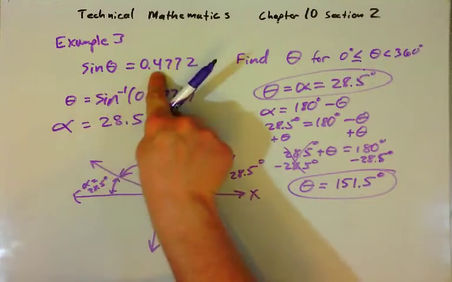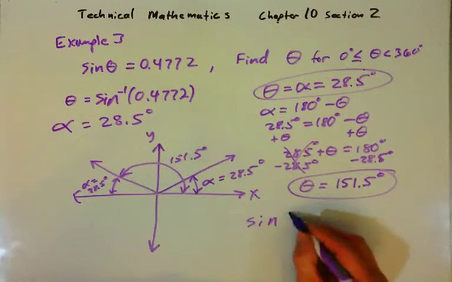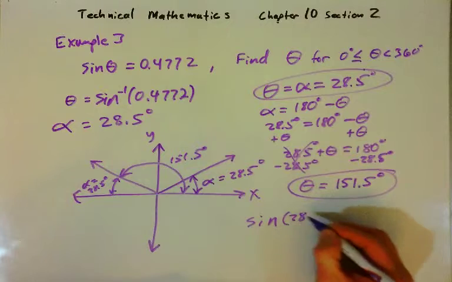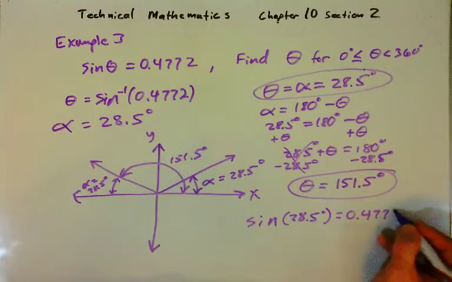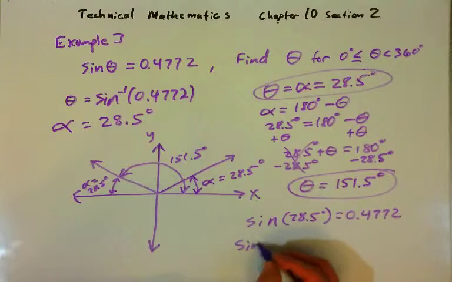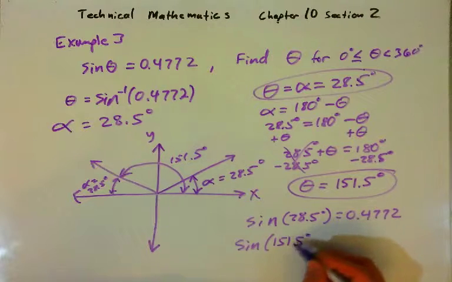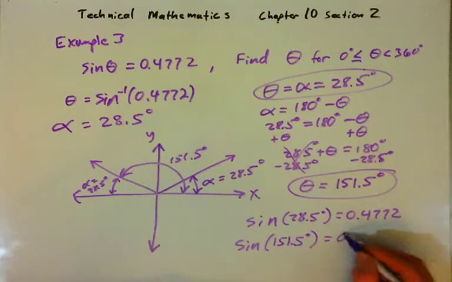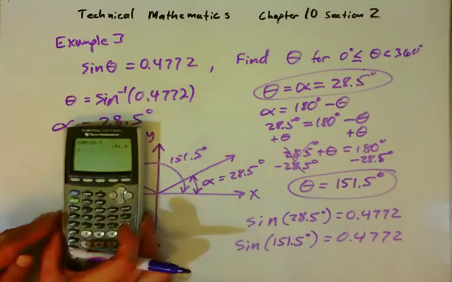And so we're saying that the sine of theta is equal to 0.4772. We're saying that the sine of 28.5 is equal to 0.4772. But we're also saying that the sine of 151.5 is also equal to 0.4772. And so let's check our answers.